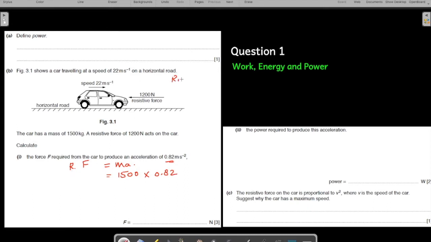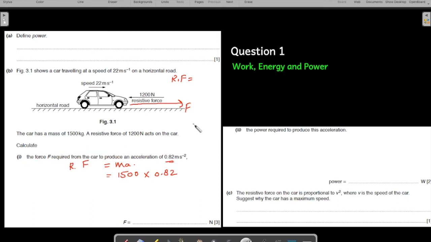And what is the resultant force on this car? The car is moving ahead, right? So that means the forward force has to be bigger. Any object always accelerates in the direction of the bigger force. The forward force is F. It is saying the force F required from the car to produce an acceleration.